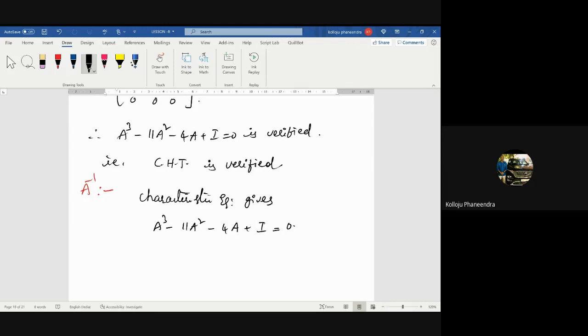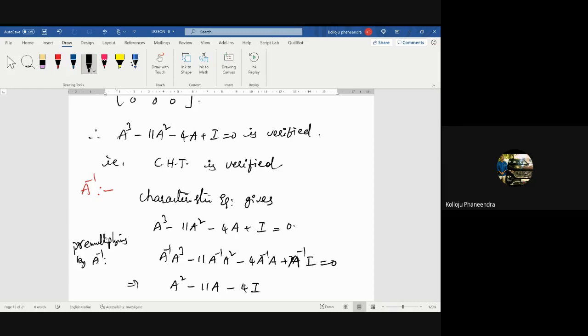Pre-multiplying by A inverse, A inverse into A cube minus 11 into A inverse into A square minus 4 A inverse into A plus A inverse into I equal to 0. So what is this? A square you will get, here 11A you will get, here you will get 4I, and here A inverse you will get. From this, what is A inverse?